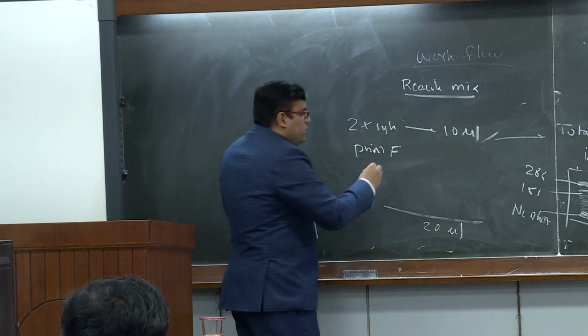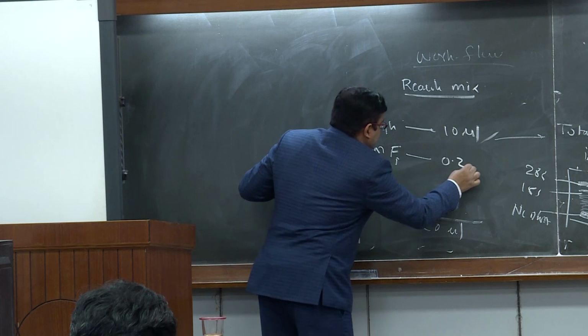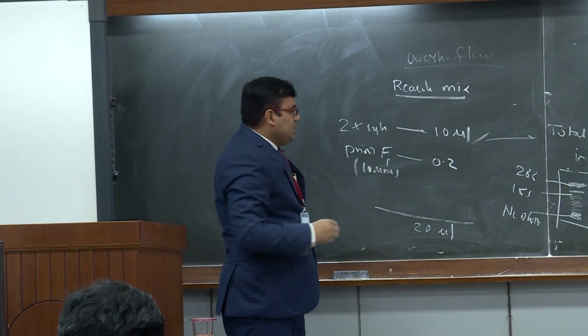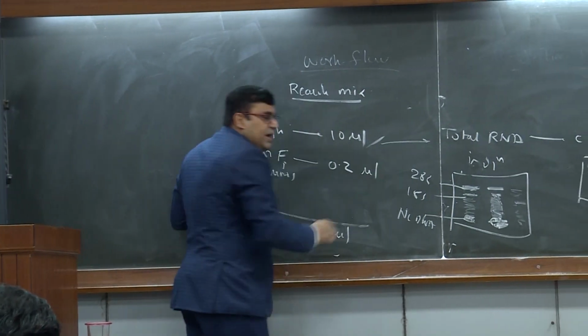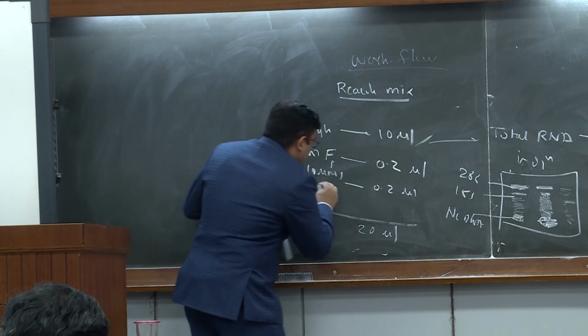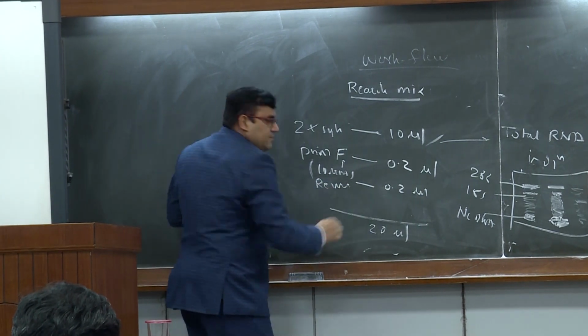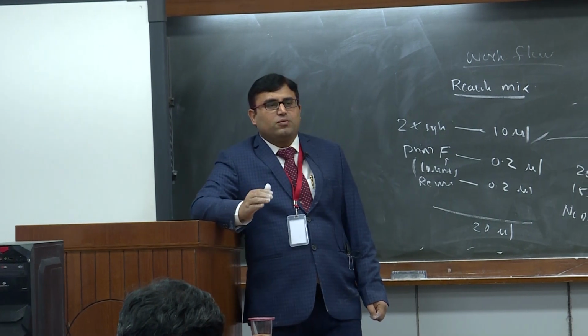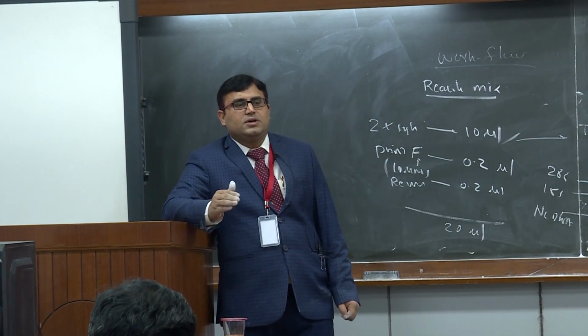Then primer forward. Basically this is 10 micromolar concentration that we usually receive. You have to take 0.2 microliter forward, and then you have to take 0.2 microliter reverse. Right? 0.2 microliter of forward primer, 0.2 microliter of reverse primer.